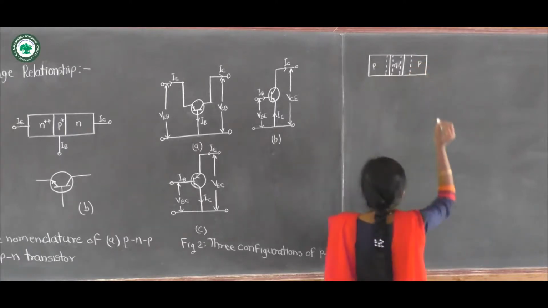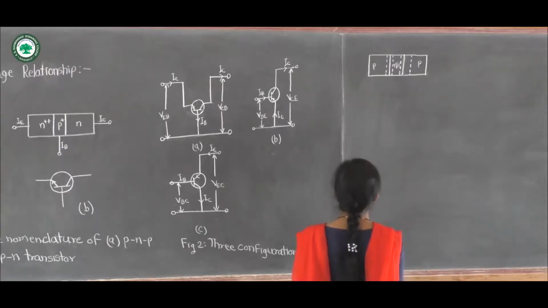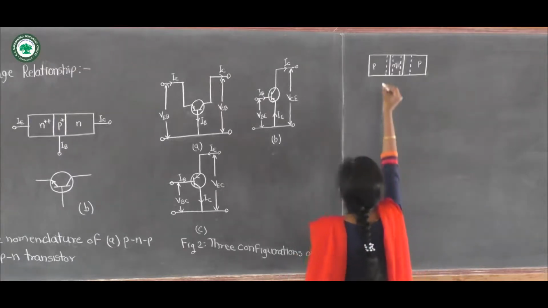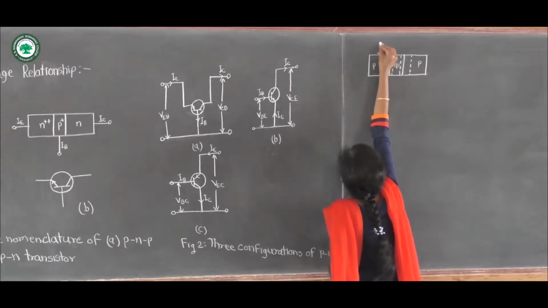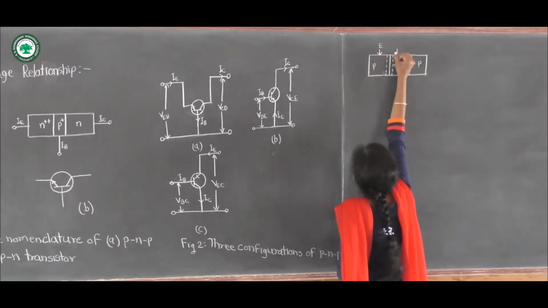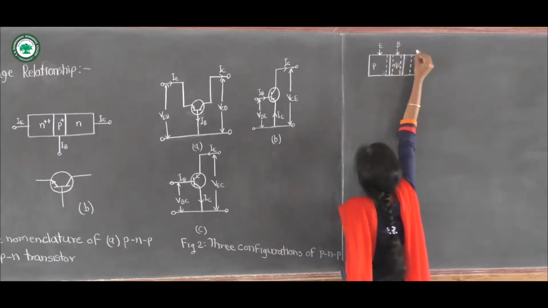This dashed line shows the depletion regions at the junctions. So this is emitter, this is base, and this is collector.